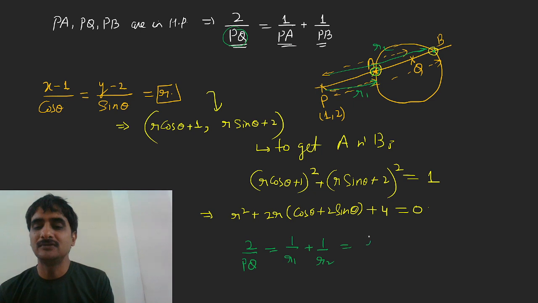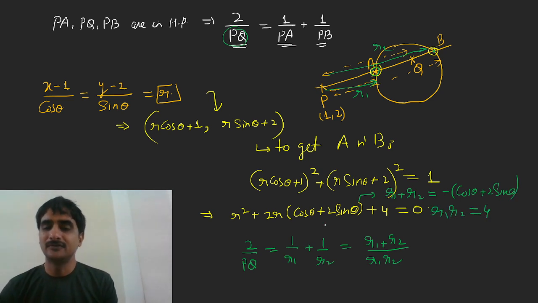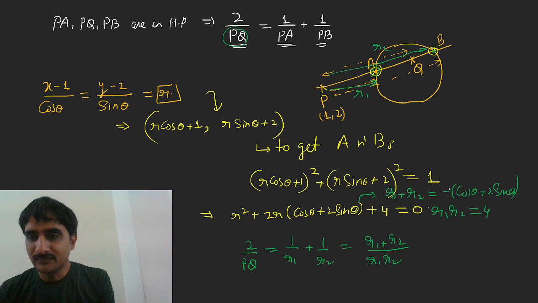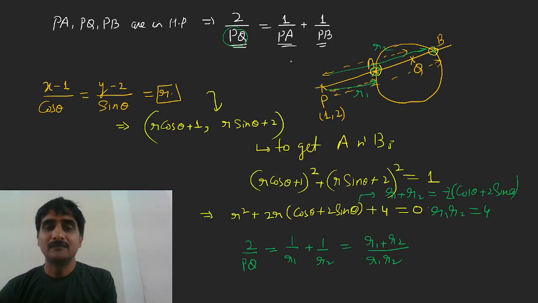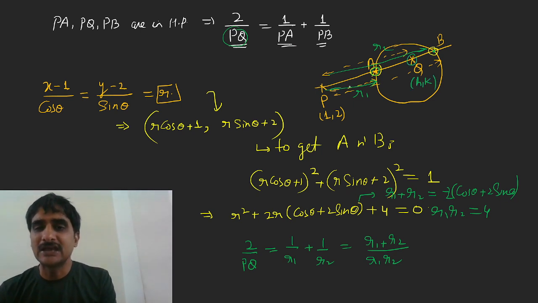Now if you simplify it, you get in the numerator the sum of roots, in the denominator the product of roots. From here, as you can see, the sum of roots is minus 2 times (cos theta plus 2 sin theta), and the product of roots is a constant, which is 4. Now see, PQ, we have to find the locus of the point Q. So Q is the variable point (h, k), whose distance has to be a variable distance, so I'm assuming it to be r.